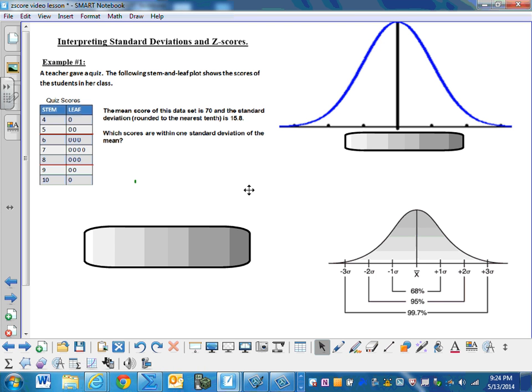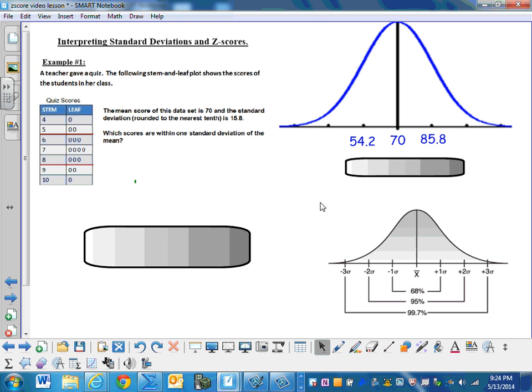Well, as you remember, when we calculated the standard deviation, we took the square root of the variance. And anytime we take the square root of a number, we have plus or minus. So, to be within one standard deviation, we needed to start with our mean of 70 and add 15.8 and subtract 15.8.